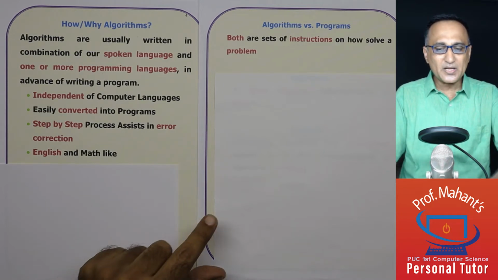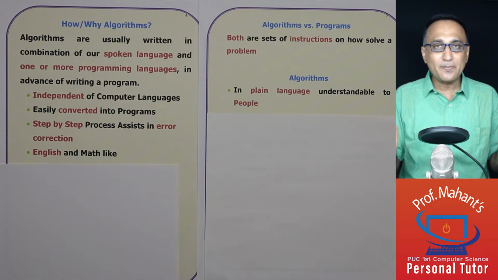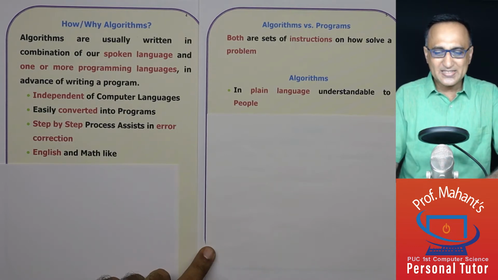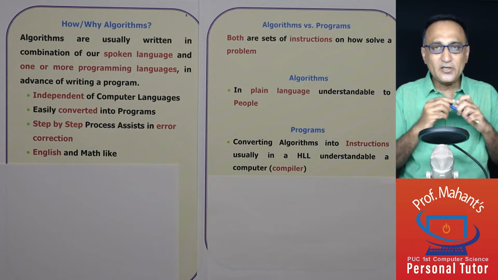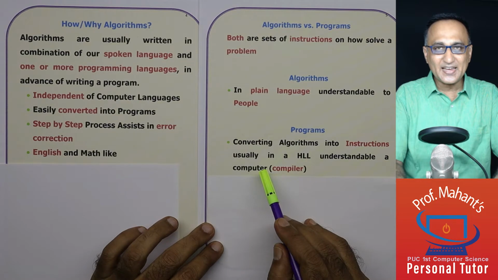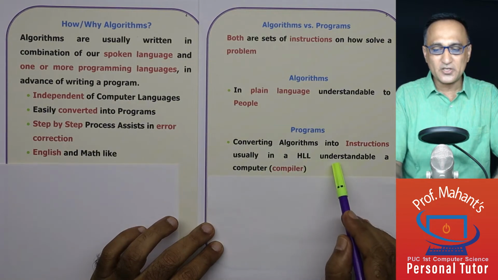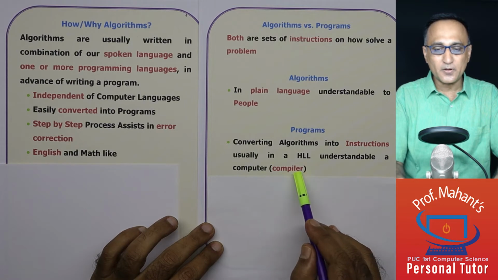But the difference is that an algorithm is written in simple, plain English-like language which is understandable to most common people working on that problem. Whereas a program is usually the conversion of an algorithm into a series of steps or instructions following the syntax of that particular high level language, which is understandable to that particular compiler or computer.